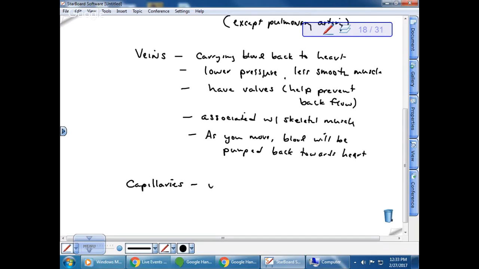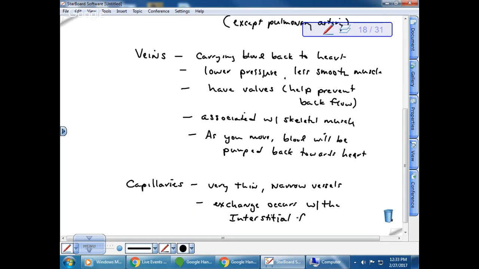Okay. When we look at the capillaries, these are very thin-walled, narrow vessels. This is where exchange occurs with the interstitial fluid, the fluid that is found inside the tissues.